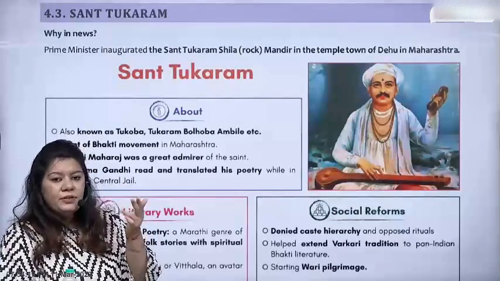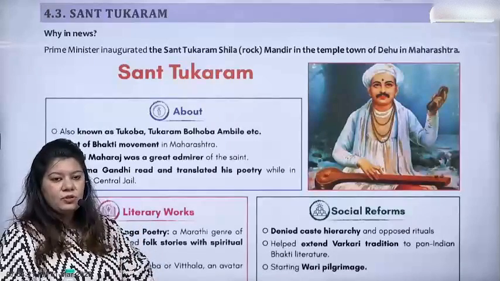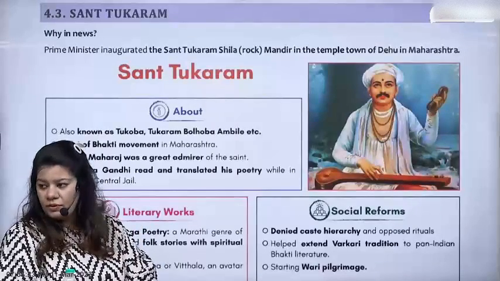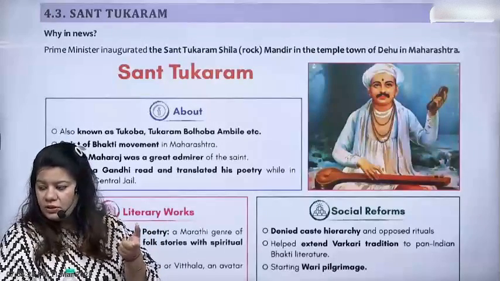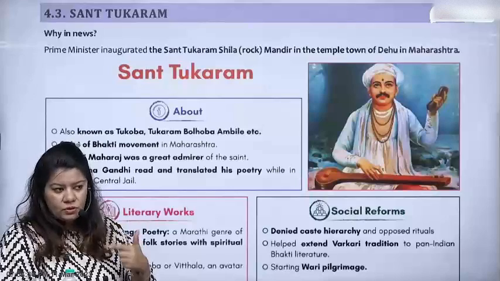Then from the 11th to 13th century, we see the rise of Bhakti philosophy. So initially the Bhakti movement started with compositions, which I just told you, in the form of poems and songs.